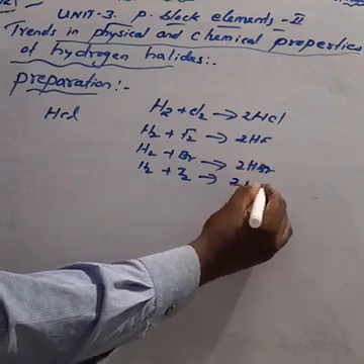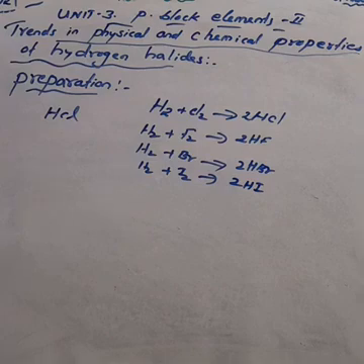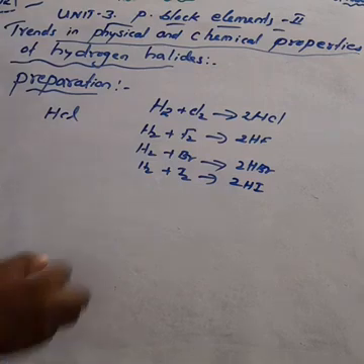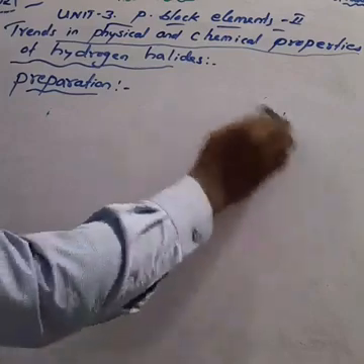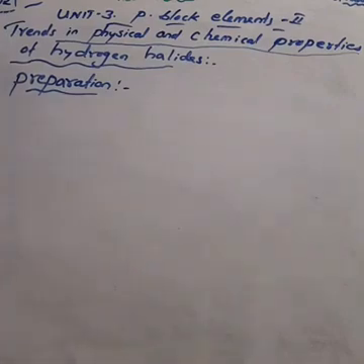Next, we can discuss the displacement reaction. In 10th grade we may have learned about displacement reactions. It is a chemical reaction in which a more reactive element displaces a less reactive element from its compound. Concentrated sulfuric acid displaces hydrogen chloride from ionic chlorides.